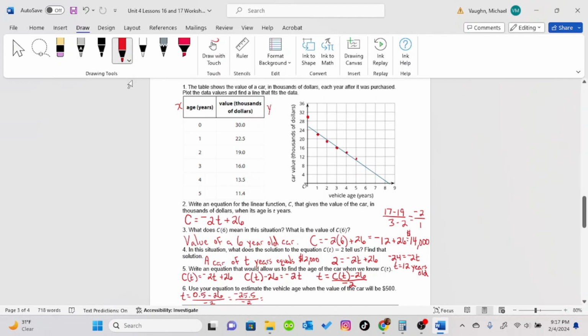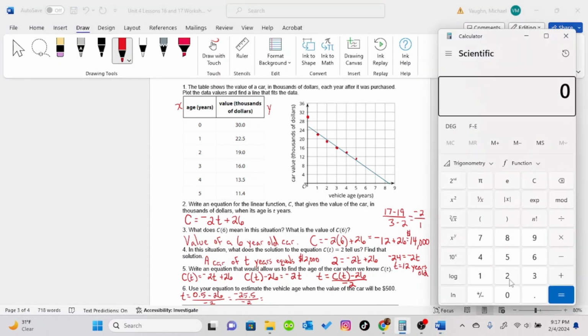A negative divided by a negative is a positive, and 25.5 divided by 2 is 12.75.